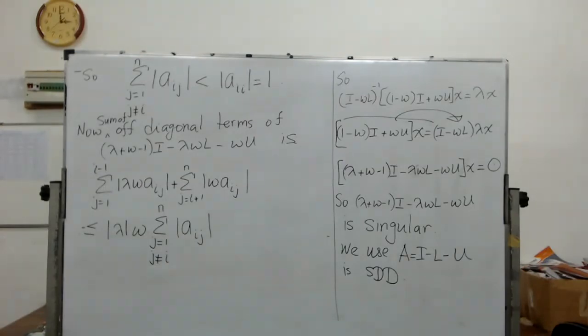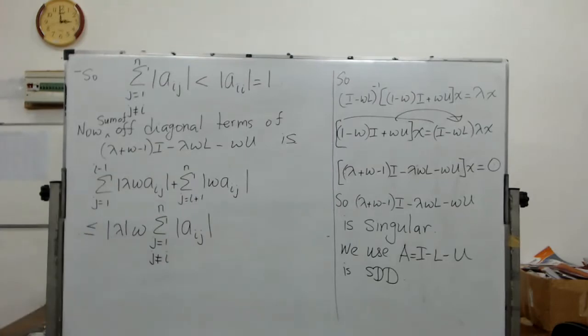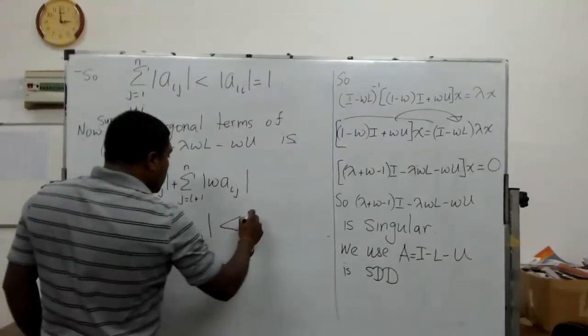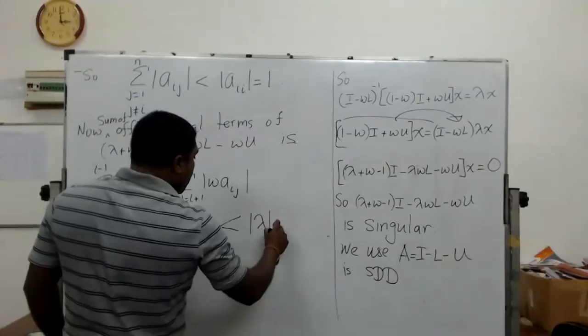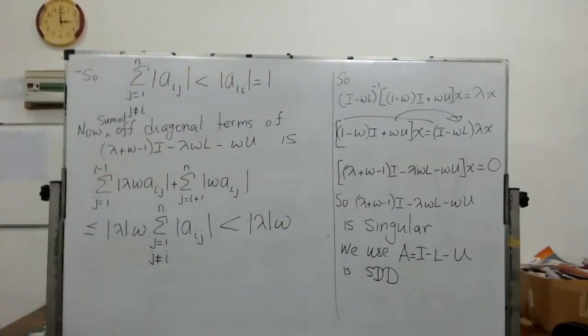So obviously when you put an extra lambda here, this becomes larger, right? So clearly this one is less than 1. So this is less than absolute value of lambda times, right? So this is what you have here.